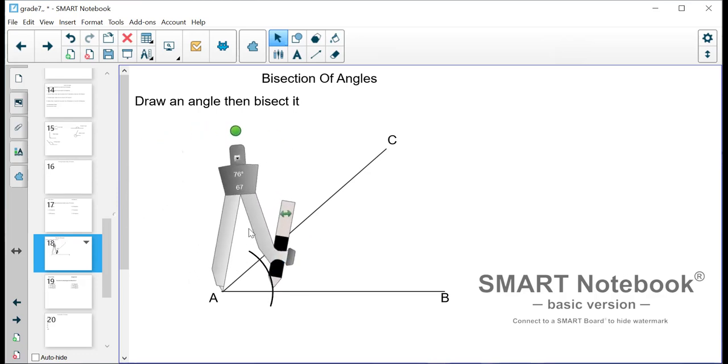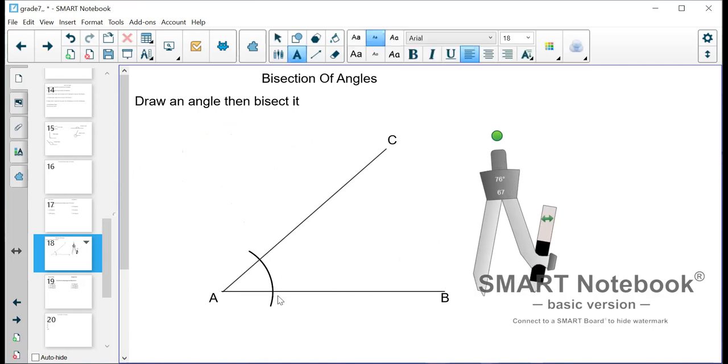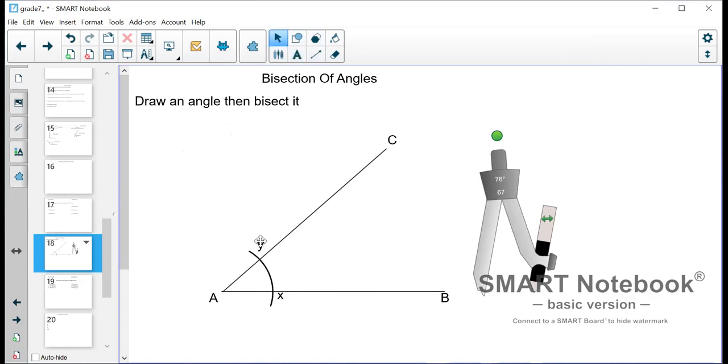The purpose of this arc is to intersect the two arms of the angle, one at X and the other one at Y. So we have two intersections there.